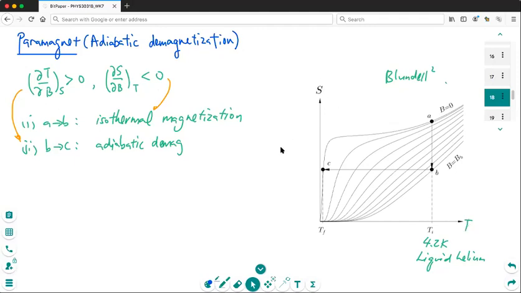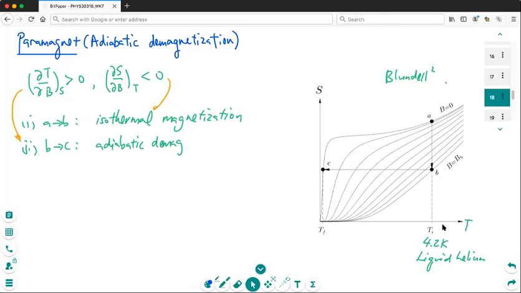And from here, we know how to achieve cooling. You can start from some field, zero field, and then you do this isothermal magnetization, and then you do the adiabatic demagnetization. And this is the way for you to reach low temperatures. It's actually a very realistic case.